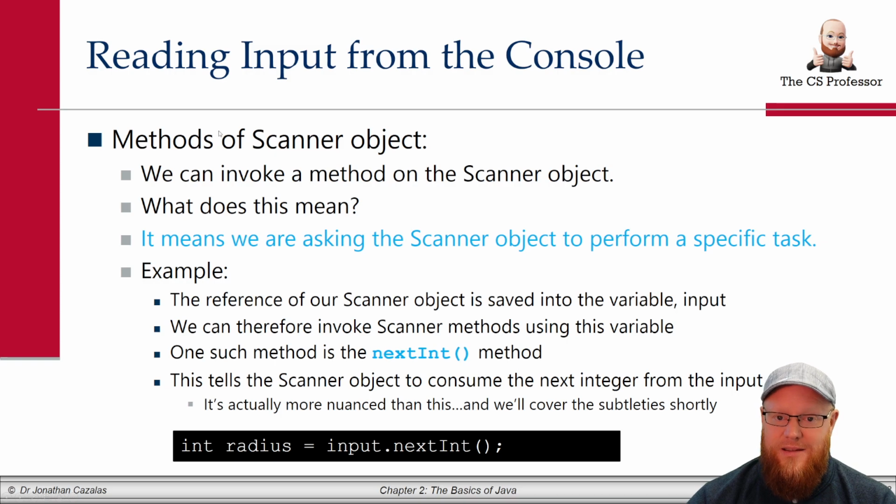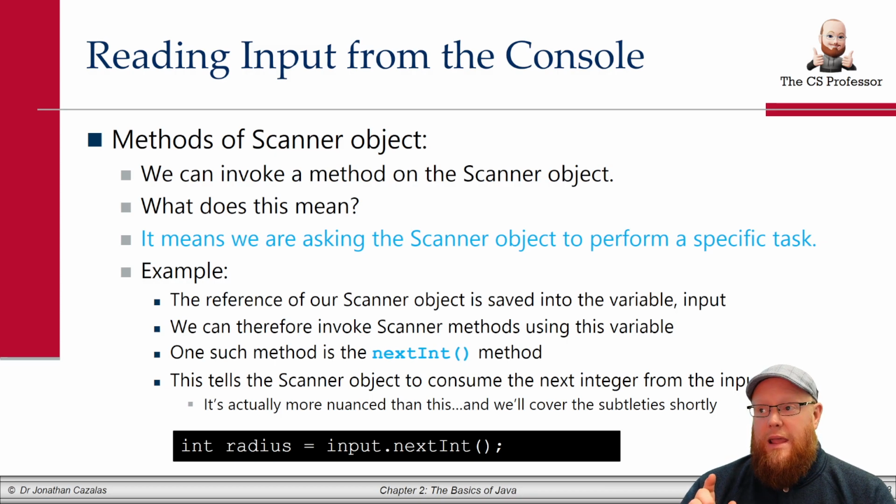It's really a command telling Java, yo Java, go to the user, have them input data, and keep scanning character by character until you see a space or an enter or any type of white space, and then consume that input and convert it into an integer.